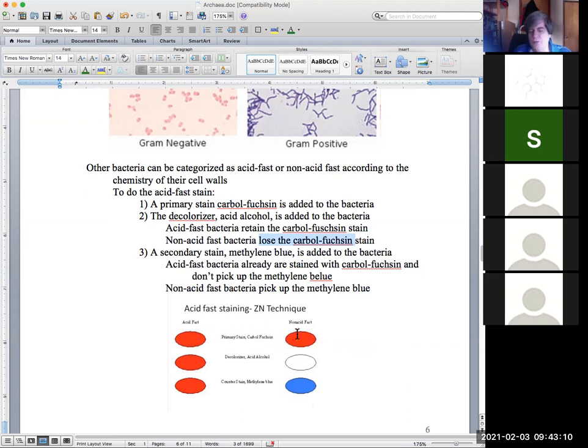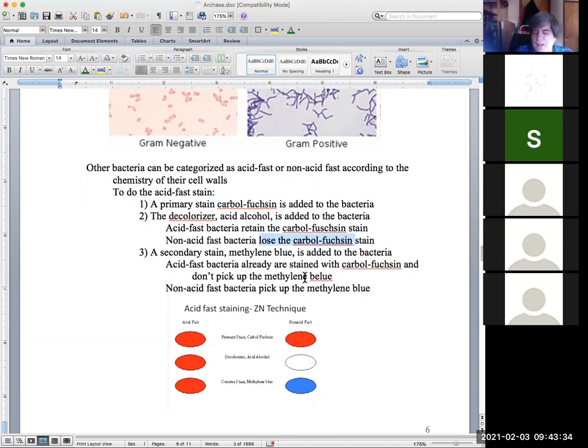This top line is what we see after we add the carbofuchsin. Now we add the decolorizer. Acid-fast bacteria still have their reddish pink color. It looks more red here, but in real life, it's usually a little more pinkish. Non-acid-fast bacteria lose their carbofuchsin, so they're clear. They don't have any stain anymore.